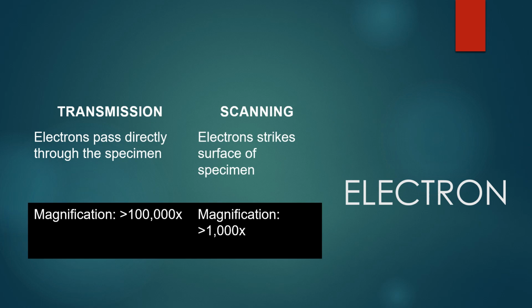In terms of magnification, your transmission electron microscope will give you greater than 100,000 times magnification, while your scanning will only give you greater than 1,000 times magnification.